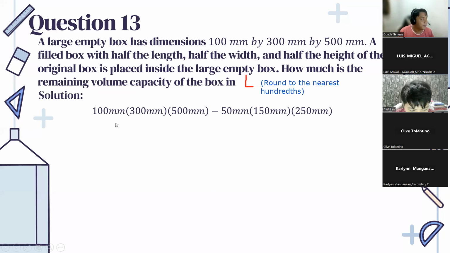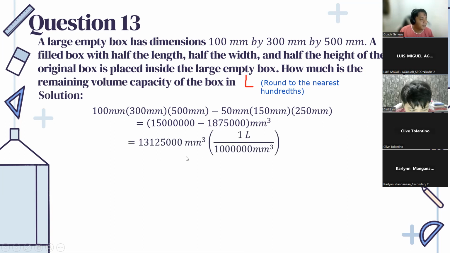So that will be 100 millimeters times 300 millimeters times 500 millimeters minus 50 times 150 times 250. And then you convert that to liters later. So that will be 15 million minus 1,875,000 cubic millimeters.